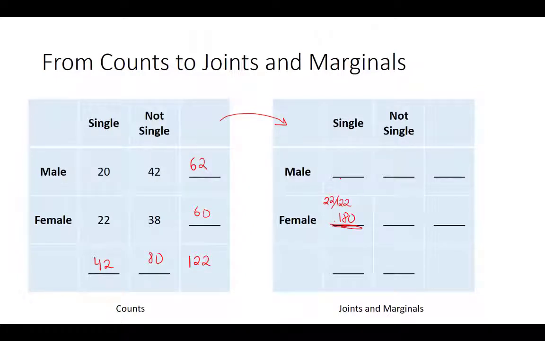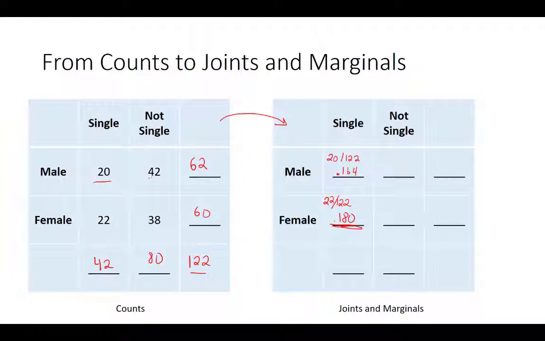How many single men do we have as a percentage? Well, that would be 20 people, these guys here, out of 122, which is 0.164, or 16.4%. How about taken men, not single men?